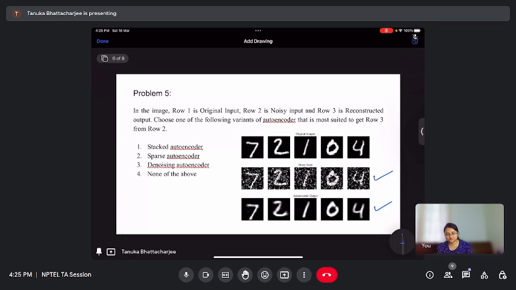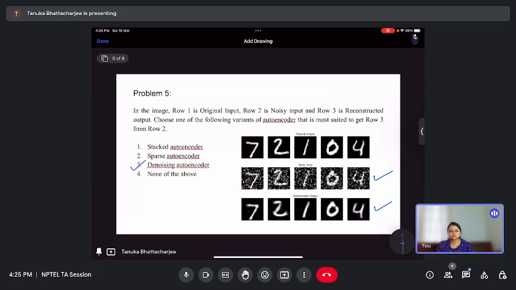Denoising autoencoder. Perfect. We are just having a noisy version of our actual input, and we are trying to reconstruct the original input back from the noisy version. So we should use a denoising autoencoder in this case.